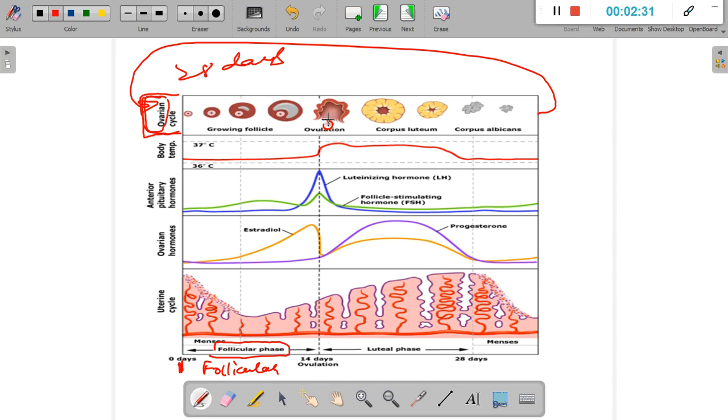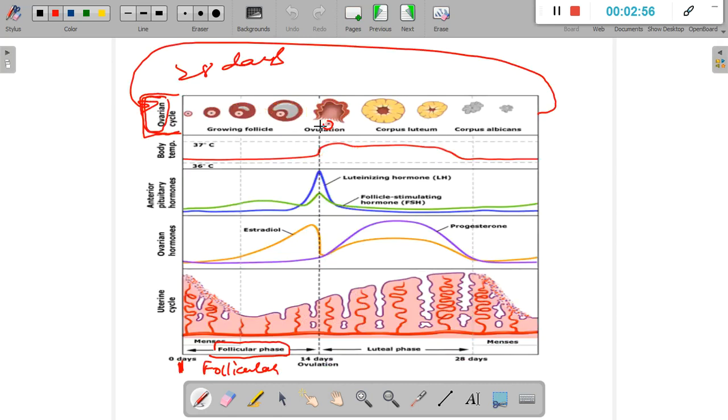The second stage: at the 14th day, the egg is released, the immature egg, or the secondary oocyte with the first polar body, if you remember. So once ovulation takes place, another set of newer events start taking place in the ovary. Why is this first phase called the follicular phase? Follicular cells are formed.